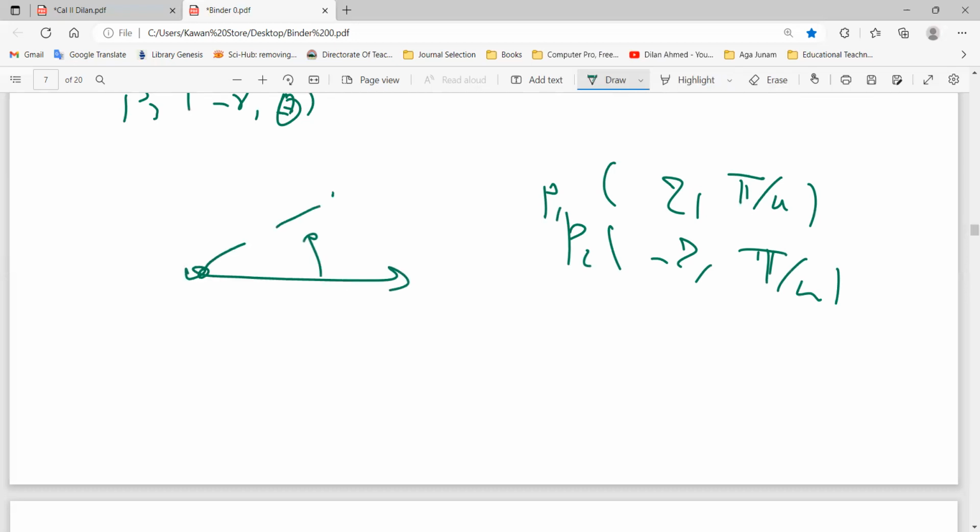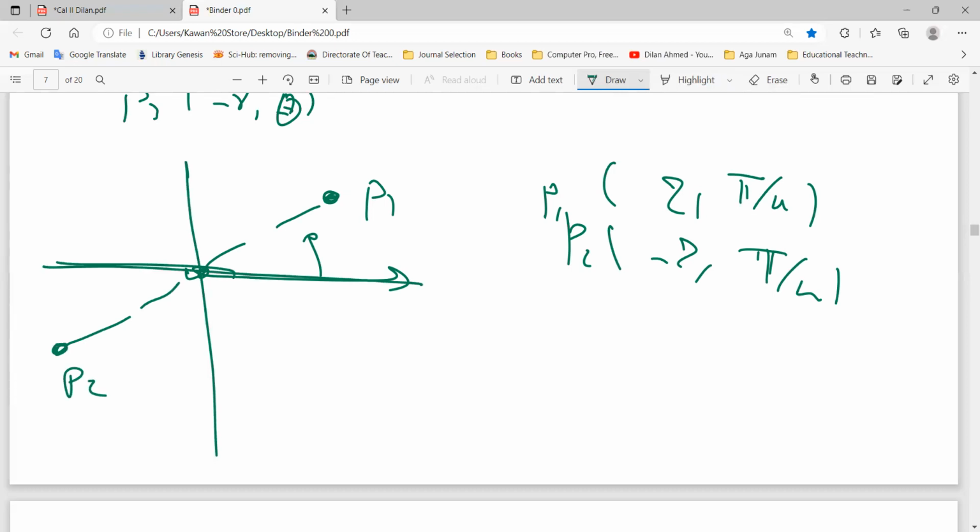P1 is 2, pi over 4. How about P2? Pi over 4, minus 2. So this one will be P2. If I sketch the axis, I see this point and that point are reflecting about the origin. Understood? Or pi plus theta, or just r.